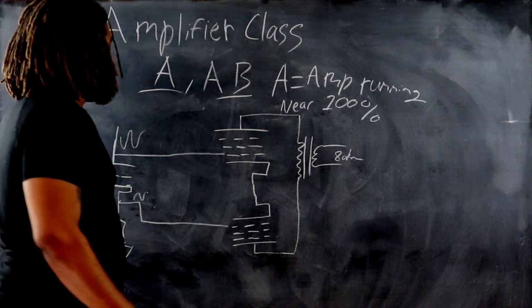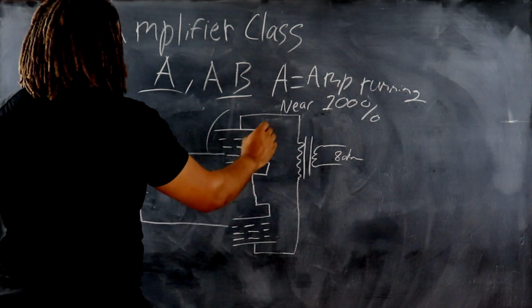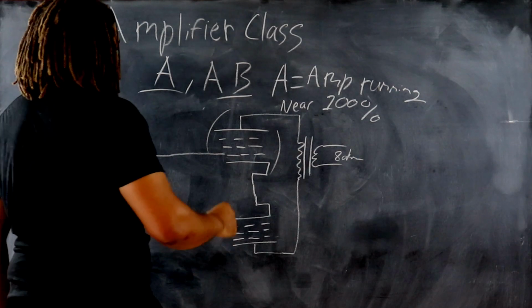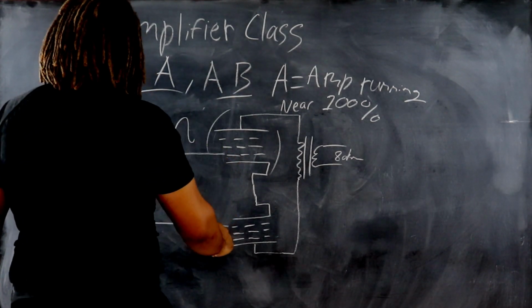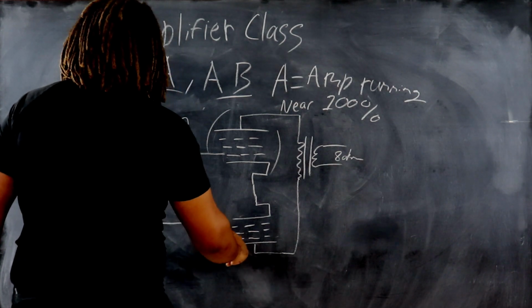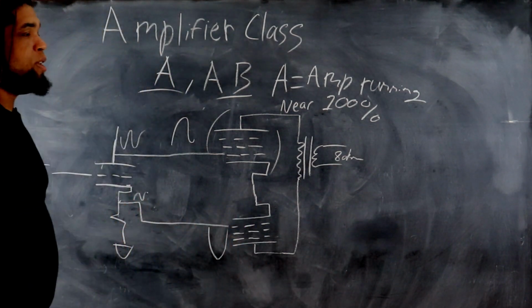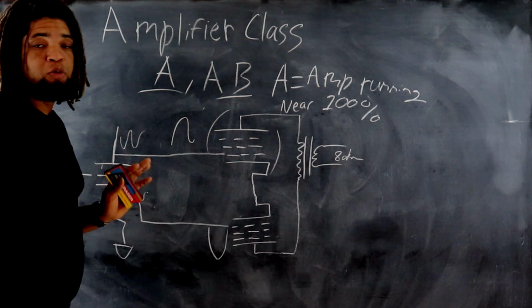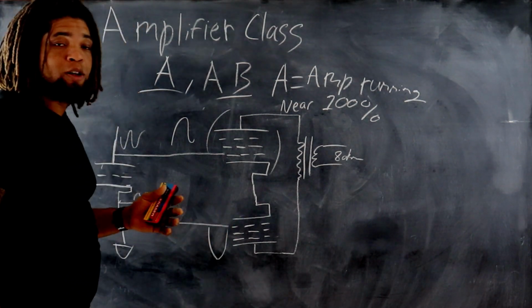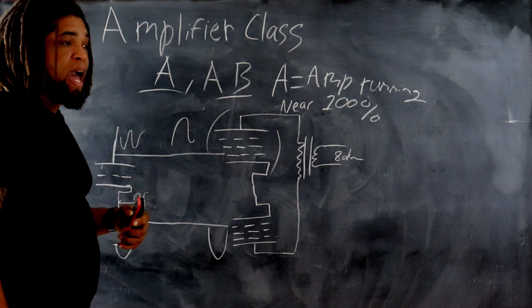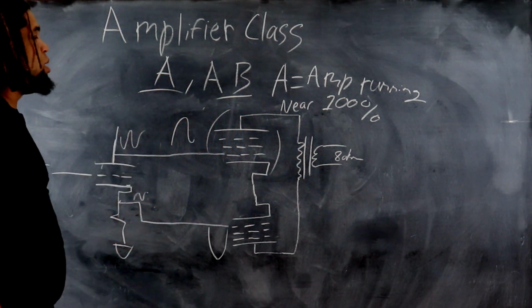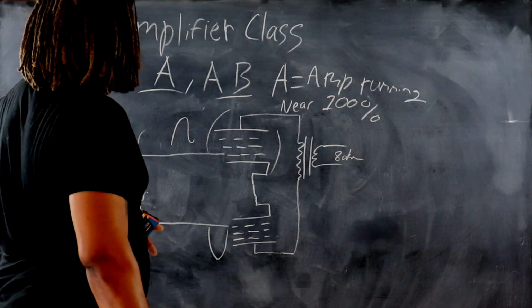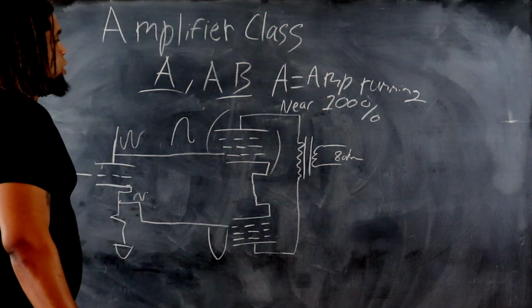Well, because one pentode will push on the positive cycle, and then one pentode will pull on the negative cycle. So the positive cycle will push the speaker, essentially, and the negative cycle will pull the speaker back, right? So there's kind of a dynamic motion going on here. So because of this, the workload can be split.